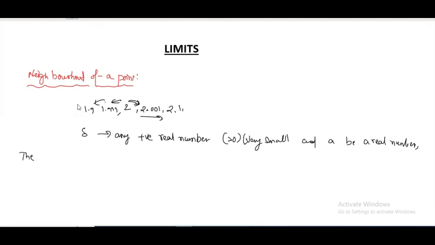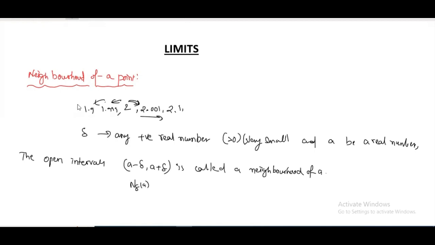The open interval (a minus delta, a plus delta) is called a neighborhood of a. Generally it is denoted with N delta of a, meaning neighborhood of a.